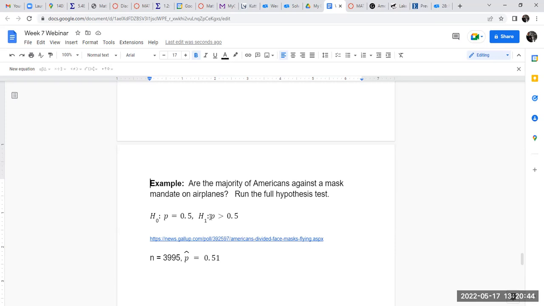Type 1 error is you thought the majority agreed with it, and so then you decided, well, we're going to make everyone have masks, and guess what? More than 50% of the people are upset with you, right?